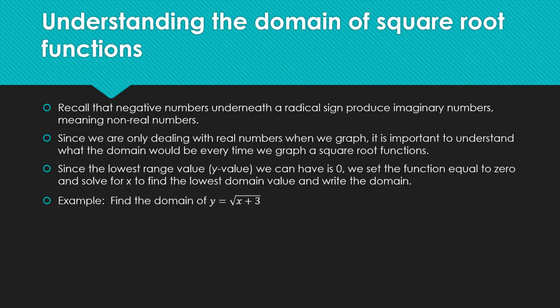Here's an example. Find the domain of y equals the square root of x plus 3. So what I'll do is I set the function equal to 0. I then square both sides. So 0 is equal to x plus 3.